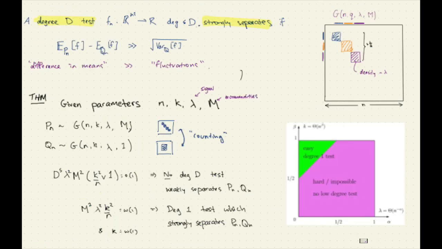So I'll state it in the simple case of counting 1 versus m first. Here we have reasonably tight results, right? What we say is that there's an easy test. The easy test in this case is we sum up the diagonal.